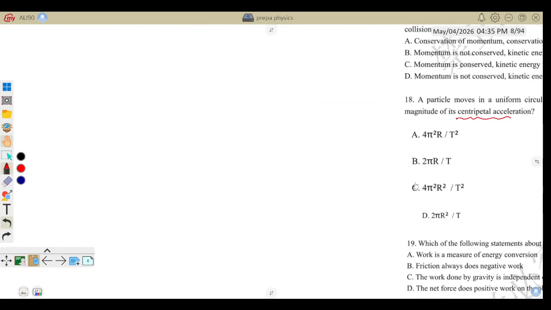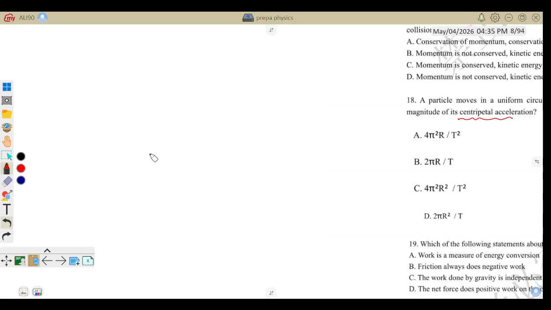In the class, you all see that in a curvilinear motion in general, a is decomposed into two components, a tangential one and a centripetal one. The tangential one is the derivative of the velocity with respect to time, and the centripetal one is the square of v divided by the radius. So we are talking here about the centripetal one.